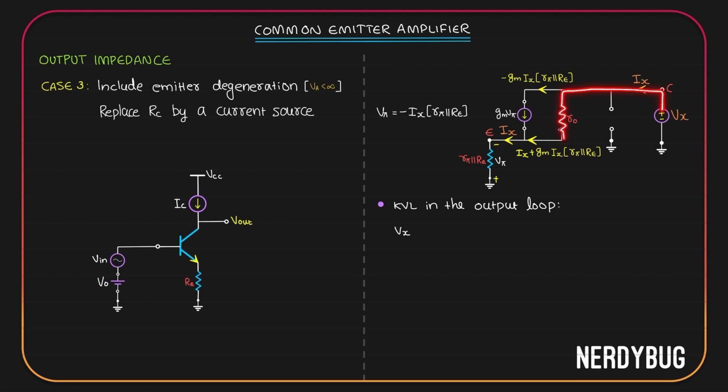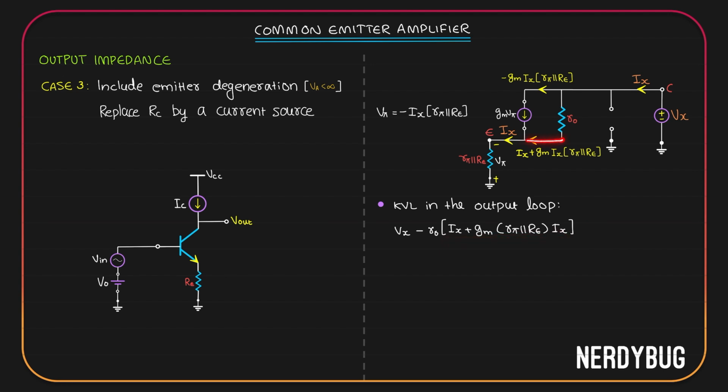There will be a potential drop across R0. Current flowing through R0 is Ix plus Gm Ix R pi parallel to Re. So the potential drop will be R0 multiplied by that. Since current is flowing in this direction, R0 should have positive potential here, negative potential here, which is opposite compared with Vx. So I have to write minus R0 multiplied by Ix plus Gm R pi parallel to Re Ix.